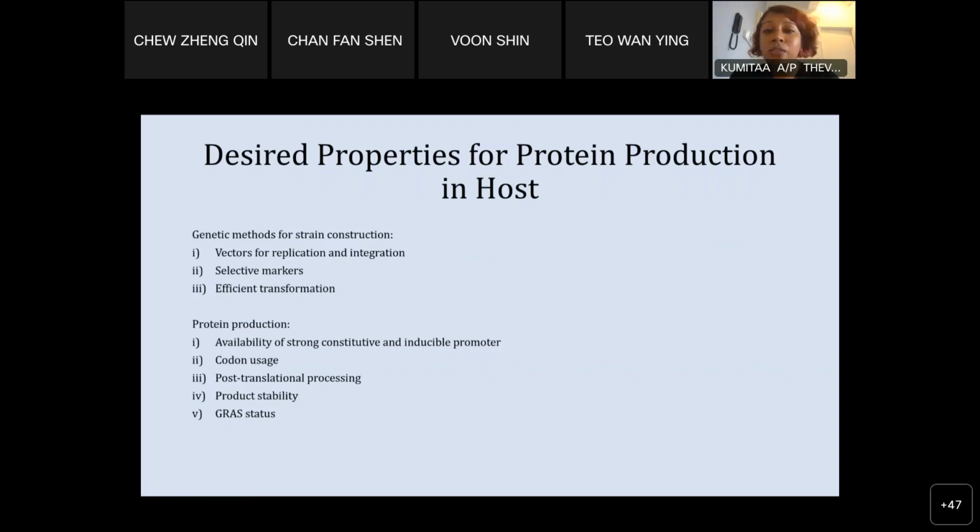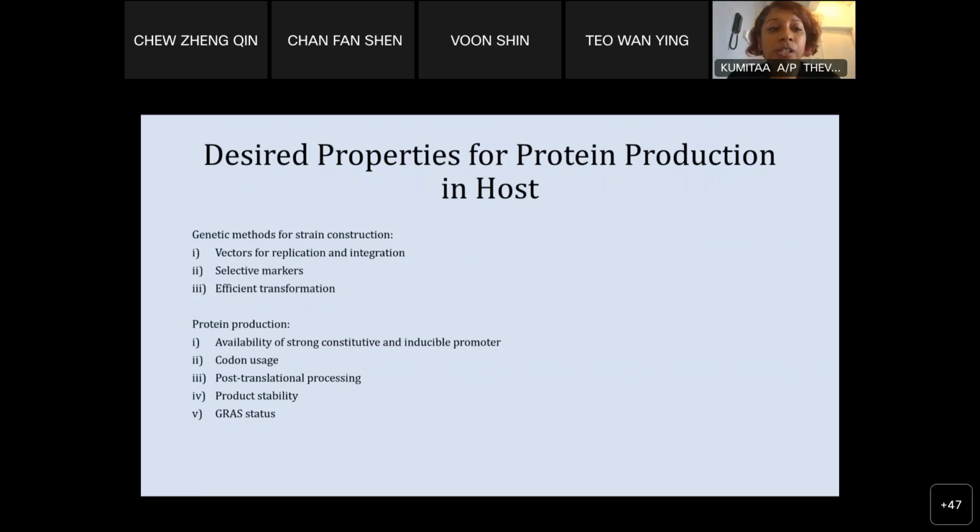The selective markers also make a difference. If you are able to introduce wild type LEU2, then you are able to quickly select for efficient transformation. So for example, if you have electroporation available in your lab, that works better than, say, lithium acetate.